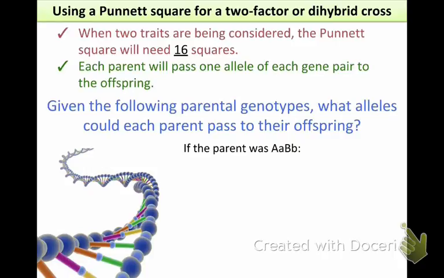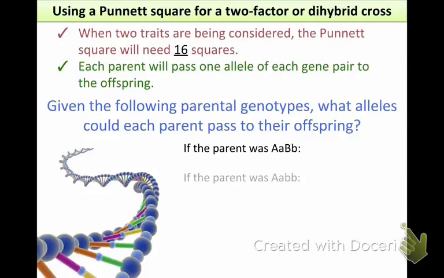If the parent was big A, little a, big B, little b. You can kind of think of this in math as foiling. So we know this A can go with this big B, or this A could go with this little b, and vice versa, this little a could go with the big B, and this little a could go with the little b. First, inner, outer, last, that kind of thing.